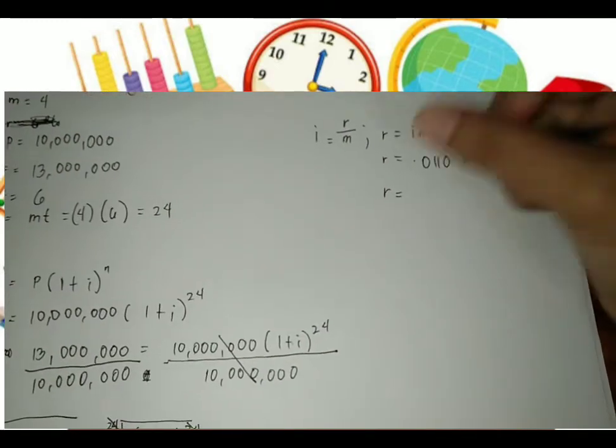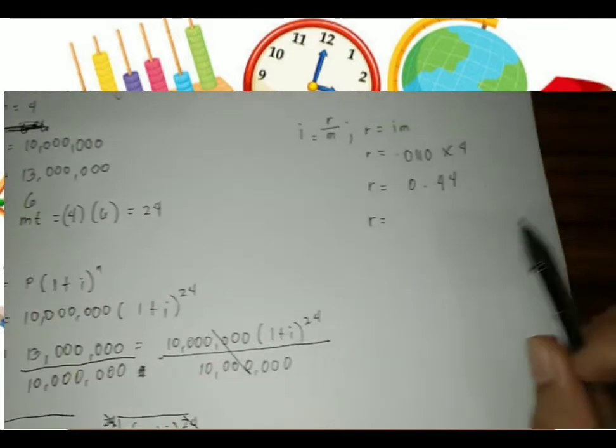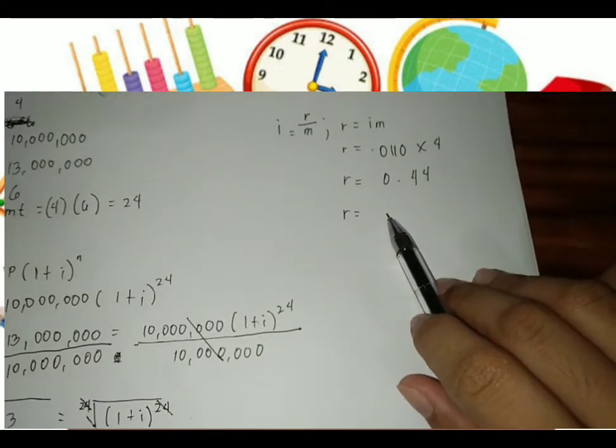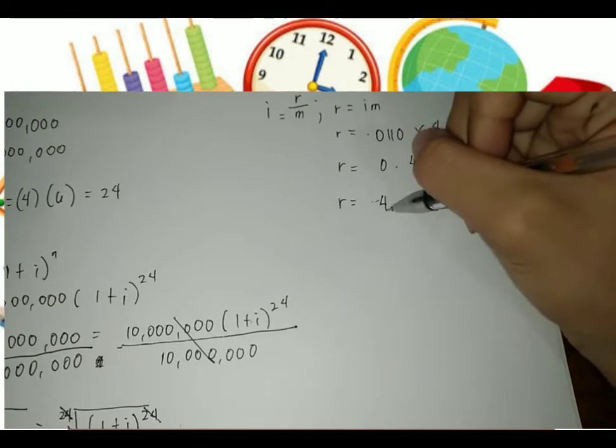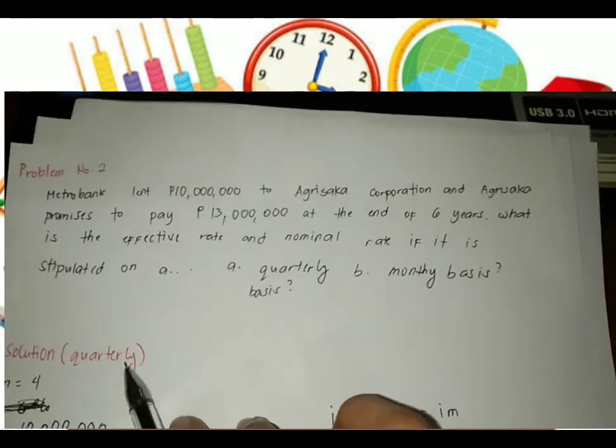The answer is 0.044, and we convert it into a percentage, which is 4.4%. This is the solution on how to find the quarterly.